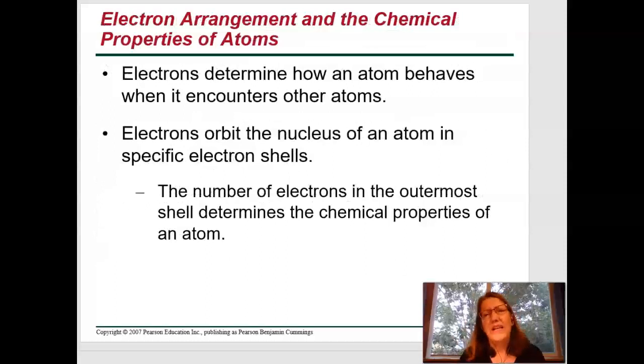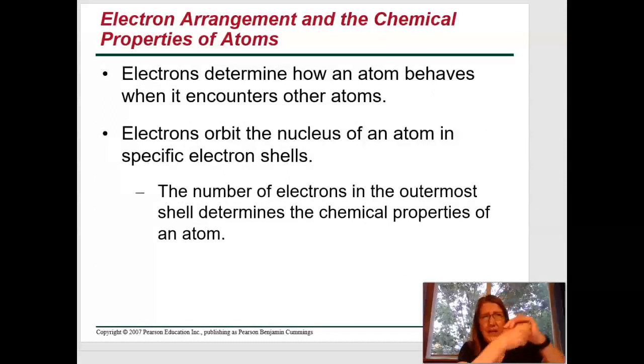So, electron arrangement and then the chemical properties of atoms. Remember how we had our nucleus with the protons and the neutrons in it, and then we have electrons zipping around. When one atom comes into contact with another atom, what is the thing that's going to interact first?